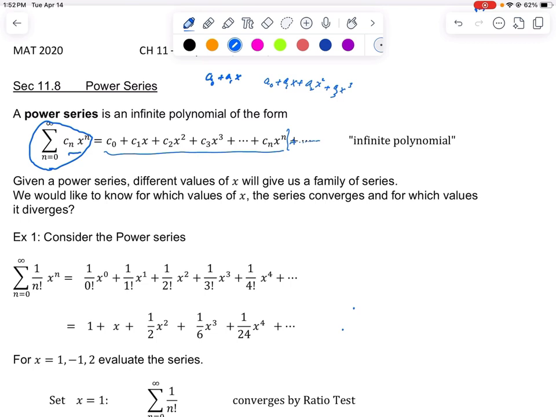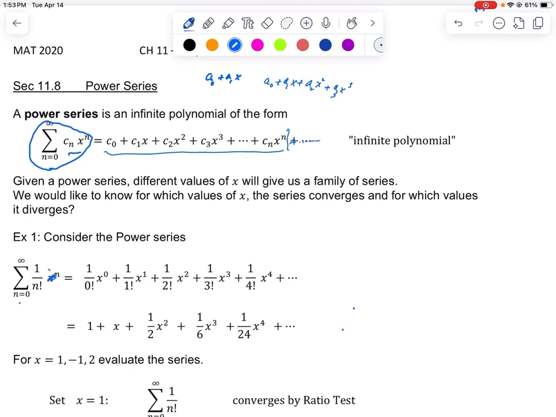So consider the power series: summation of 1 over n factorial times x to the n. Now notice, we have seen this without the x. You have to check whether it is convergent or not, and you can easily do that by using some tests you have learned. But now we have x in there as well.